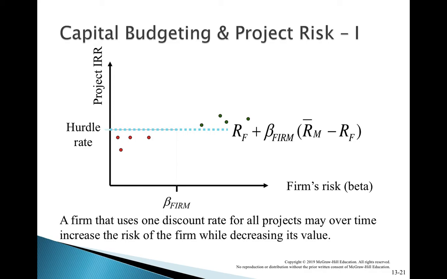And our theory says any project which generates IRR more than the hurdle rate is accepted. That means seeing this graph, we can say those 4 red dotted projects are rejected, those green dotted projects are accepted. Whether it is right policy or wrong policy, I am not saying.